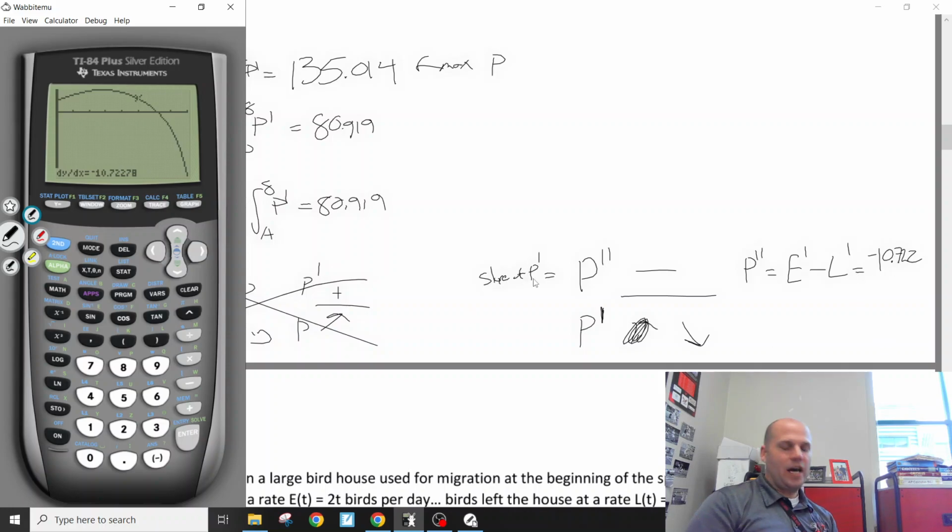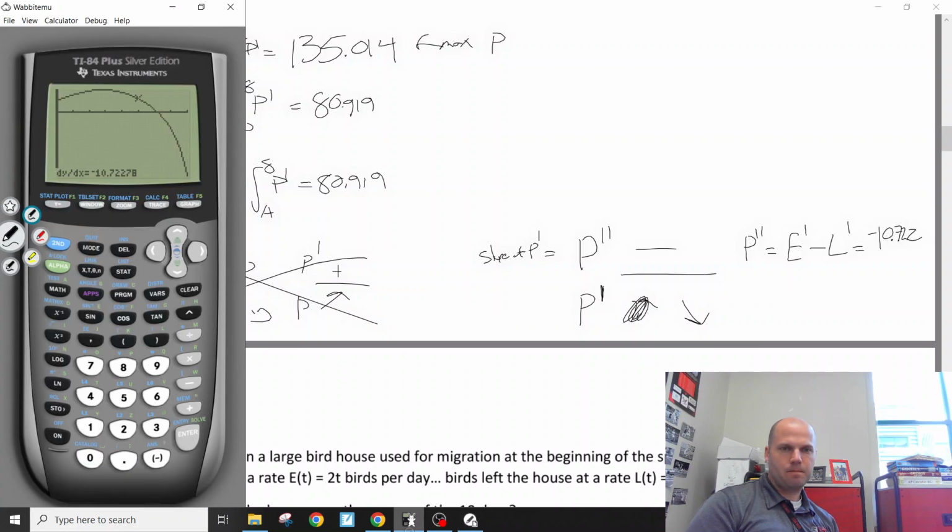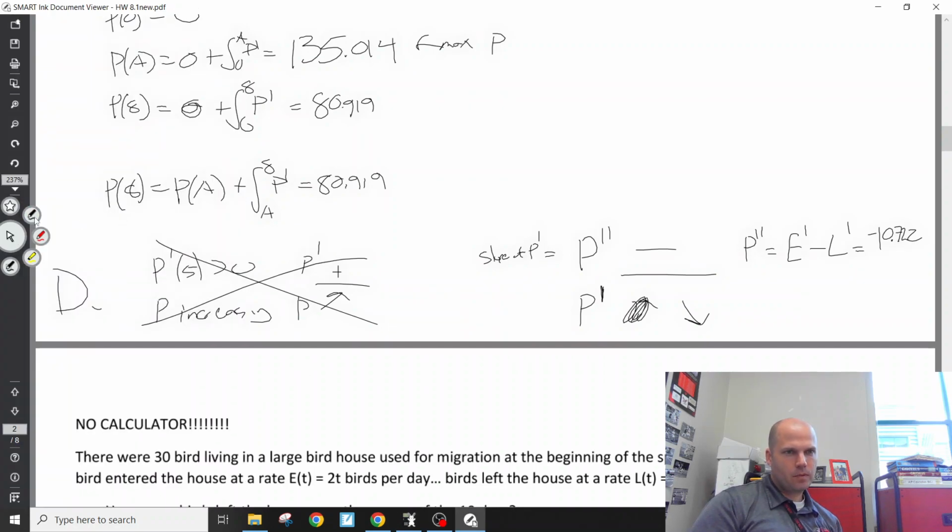Now, a lot of people ask about units sometimes. P prime of 5 we found was 17.843. How do we get this? This is E of 5 minus L of 5.